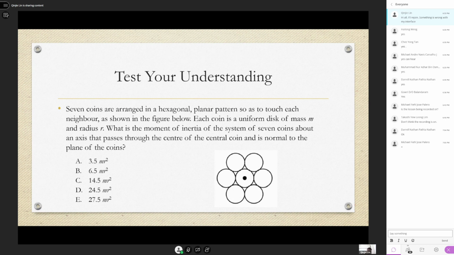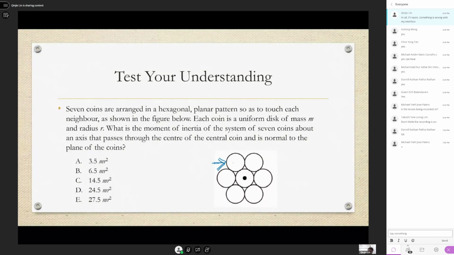Okay, so let's see how to solve this. We have 6 coins around and one in the middle, right? First, we take a look at one of the coins at the side. Let's look at this one.